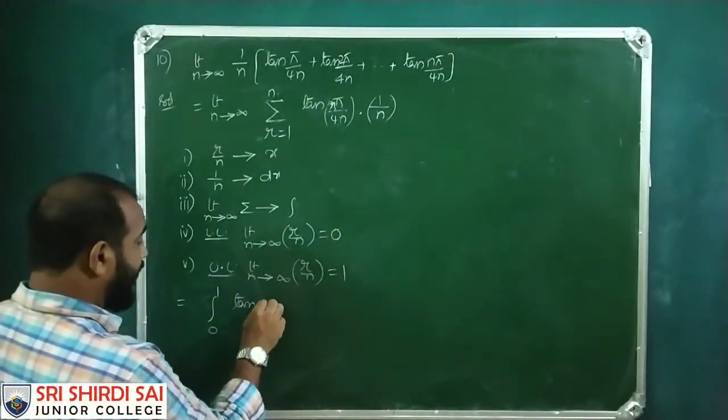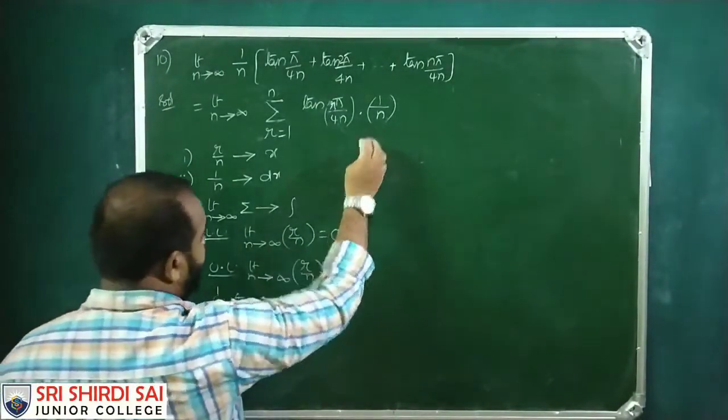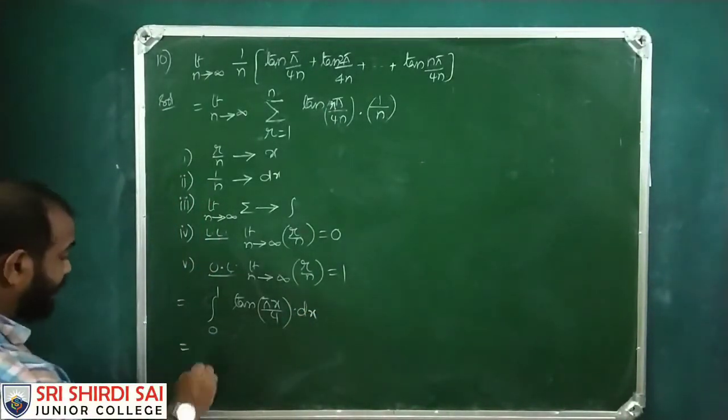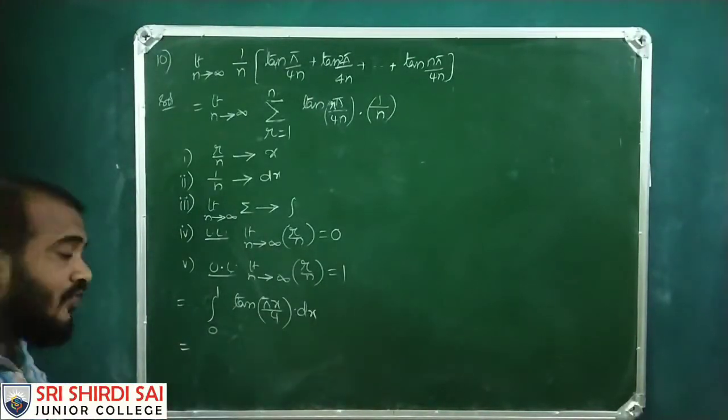So pi x by 4 into 1 by n value is dx. So this is equal to the integral of tan x, which is log mod secant x.